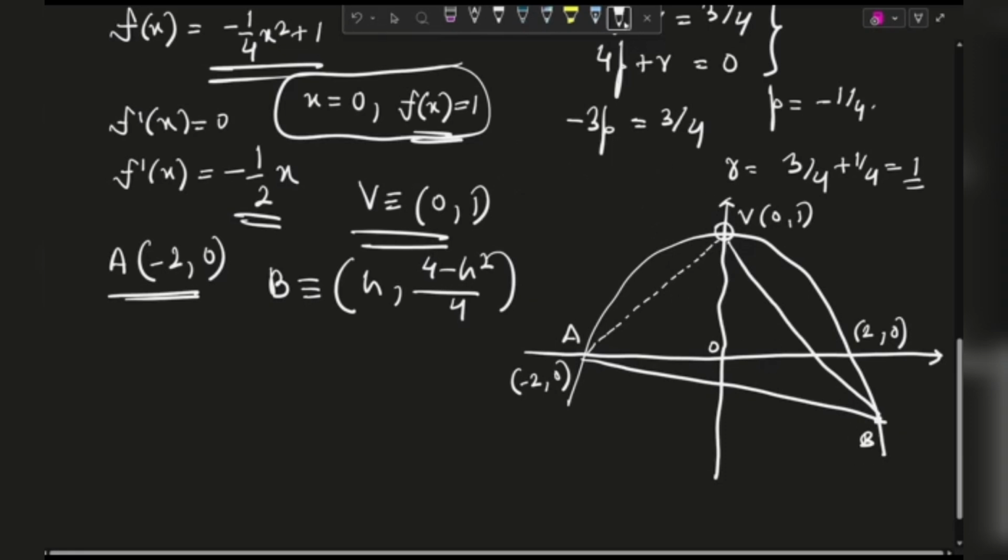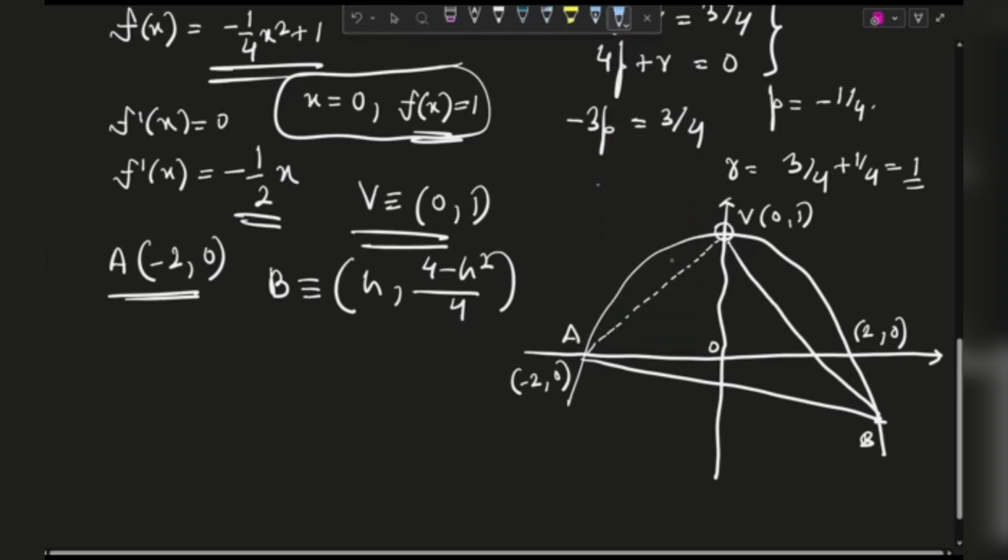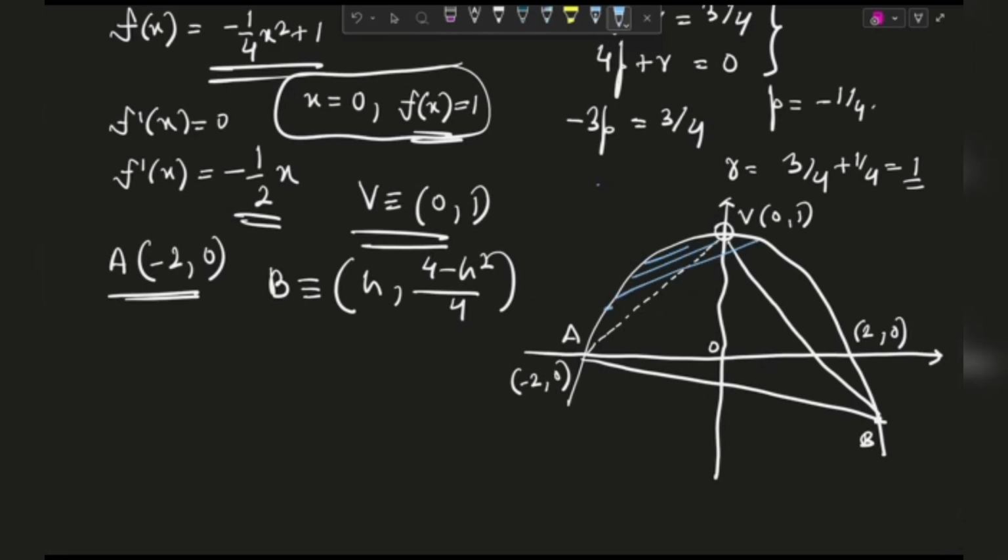Our required shaded region, I will shade with blue color. It will actually be this part, including this triangle. This is our shaded region.